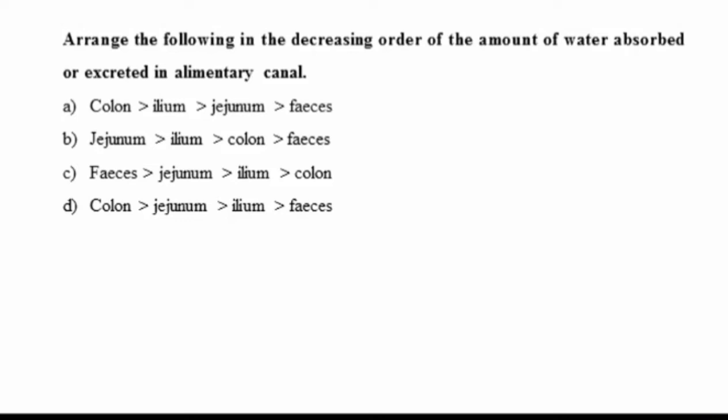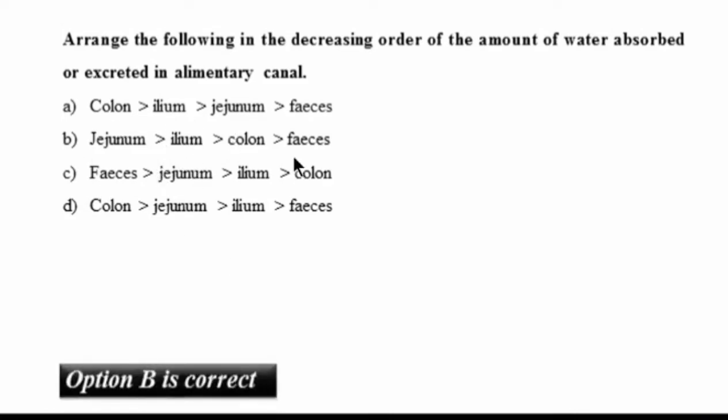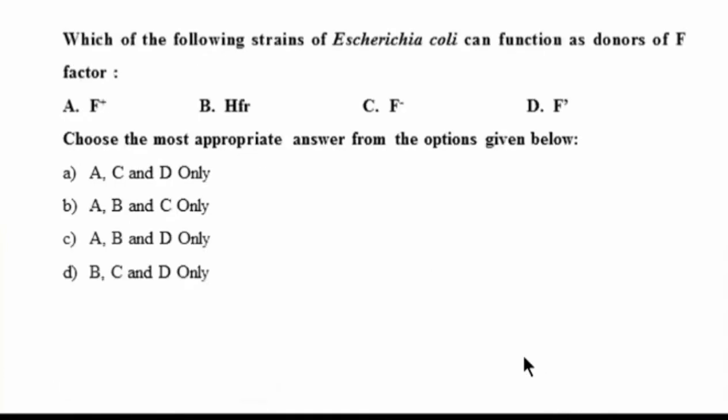The large intestine is also known as the colon. Water is absorbed here and the remaining waste is stored as feces, which is then removed by defecation. So the correct answer here would be jejunum, ileum, colon, and feces. That is our option number B.